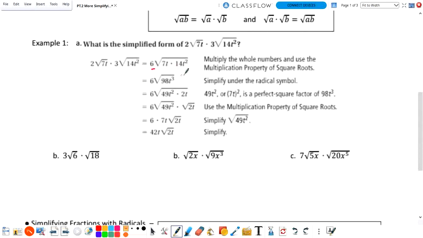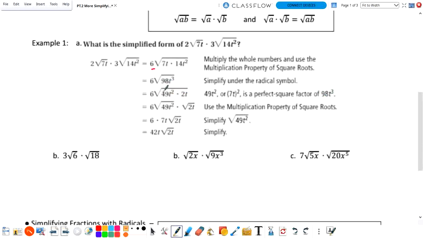Okay, so then we need to simplify under the radical symbol. 98t cubed can be rewritten as 49t squared times 2t, because 49t squared is a perfect square factor of 98t cubed. We're trying to pull out the perfect squares so that we can simplify this.